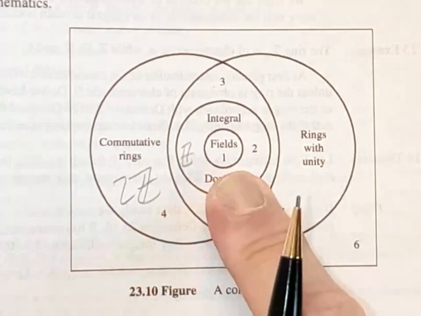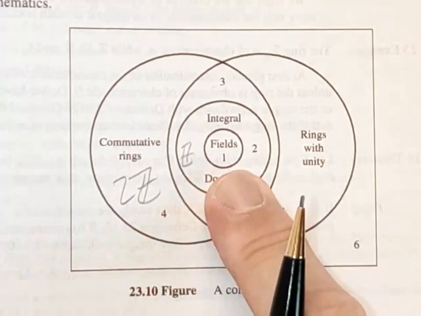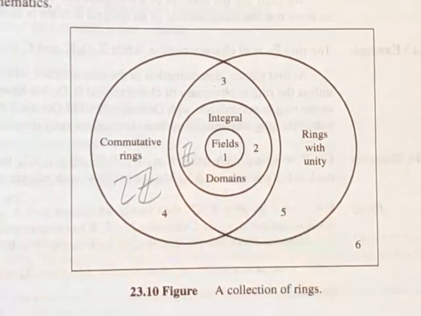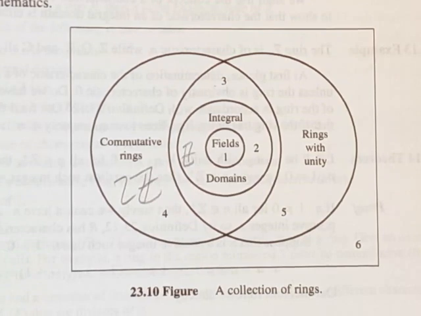What goes in the field section that we've already talked about? There are at least 2 examples. Z prime, Z_p, where p is a prime.